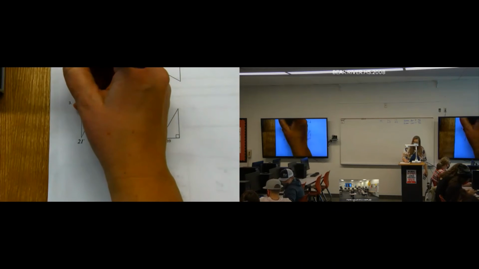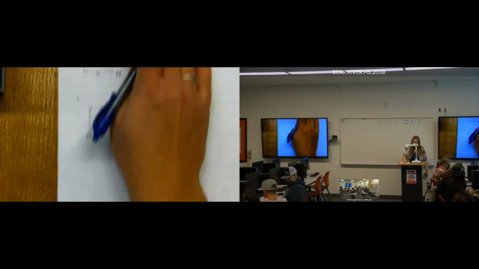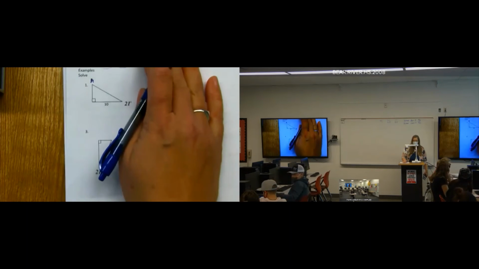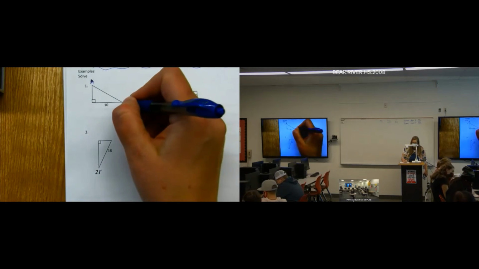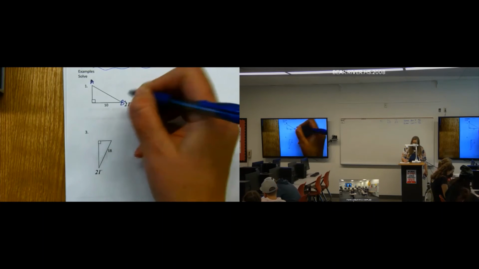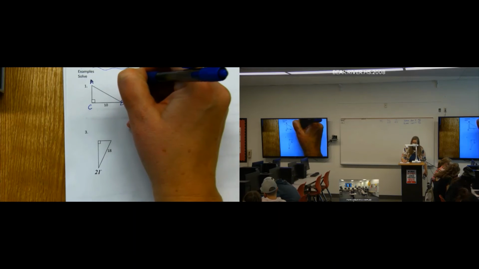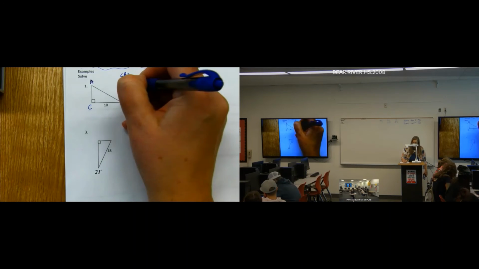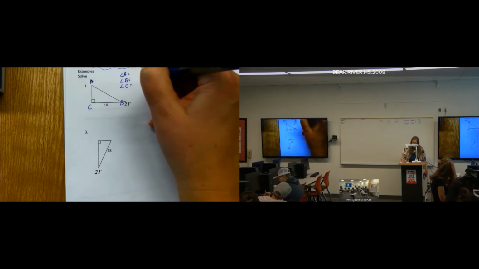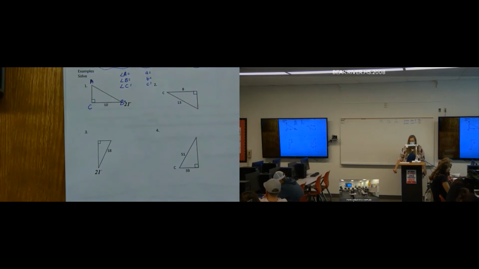We'll call this A. We'll call this one B. And we'll call this one C. So I've got angle A equals, angle B equals, angle C equals. And then I have little a, little b, little c. Ready? Put in what I know.